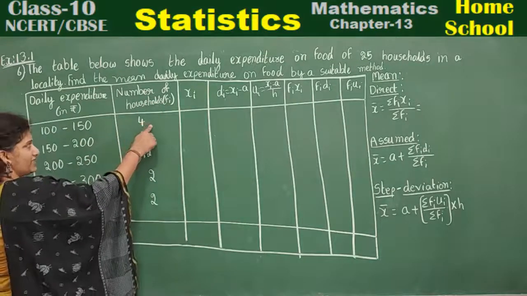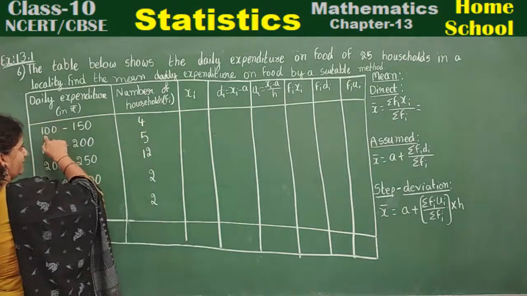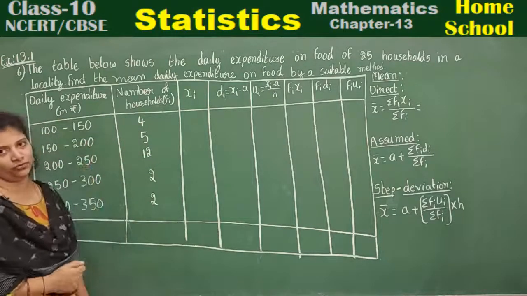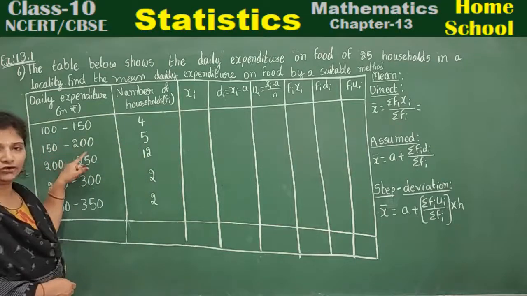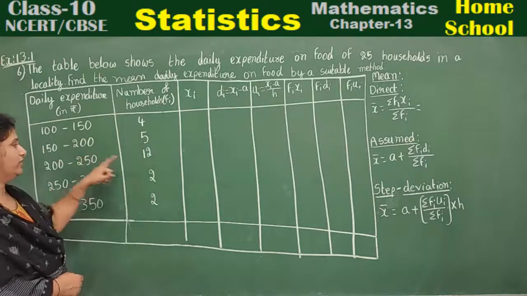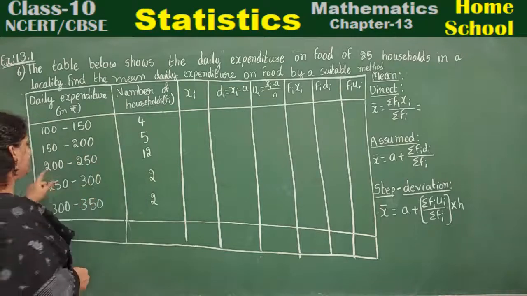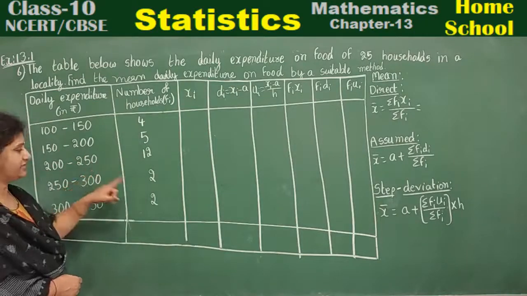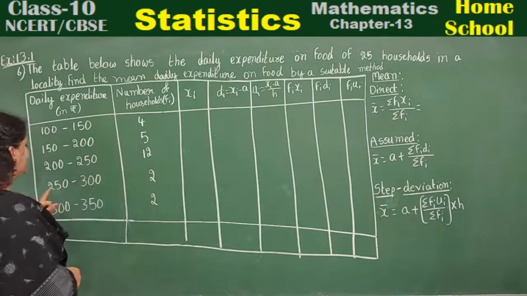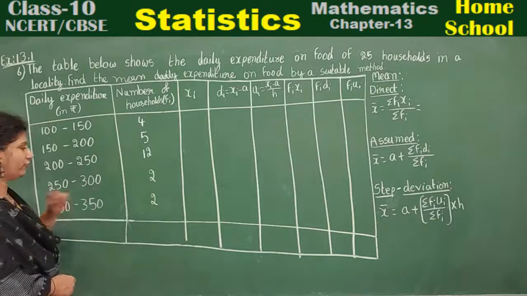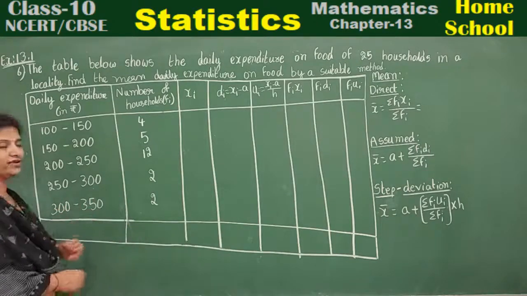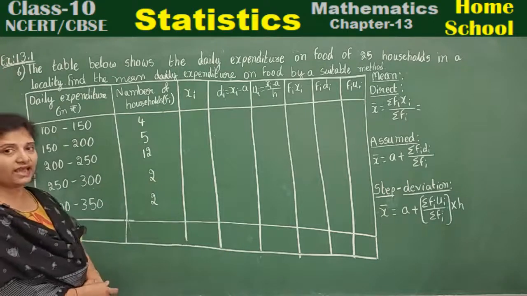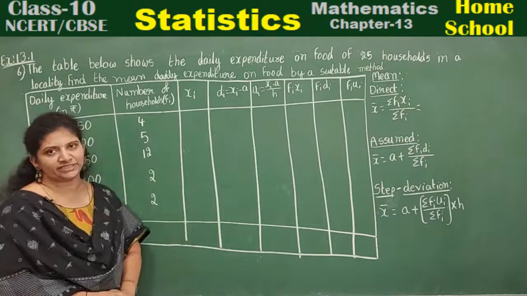4 houses spend 100 to 150 rupees on food. 5 families spend 150 to 200 rupees. 12 families spend 200 to 250 rupees. 2 families spend 250 to 300 rupees. 2 families spend 300 to 350 rupees as their daily food expenditure.